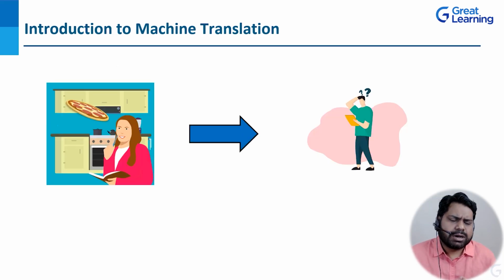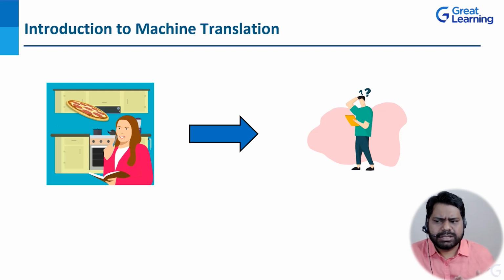Then suddenly you saw a pizza outlet there. The moment you entered the pizza outlet, you saw everything is written in French, because it's France, so naturally most of the things will be written in French. You don't have any friends with you who know French. So what will you do? The moment you get the menu, you started scratching your head.